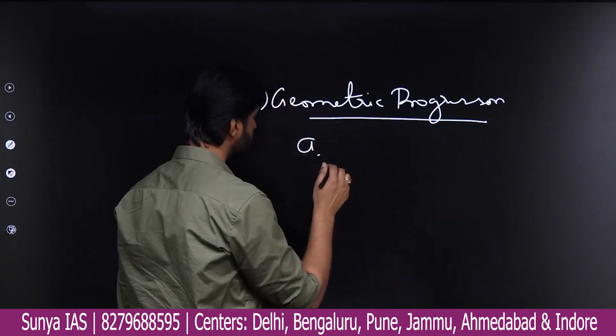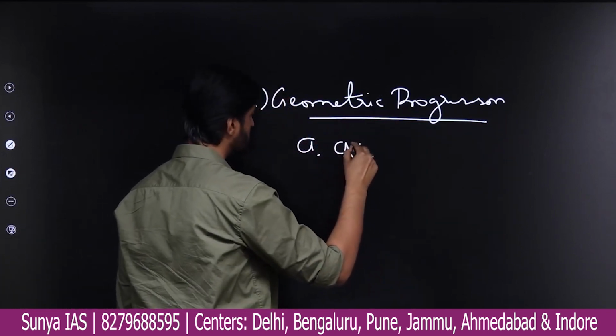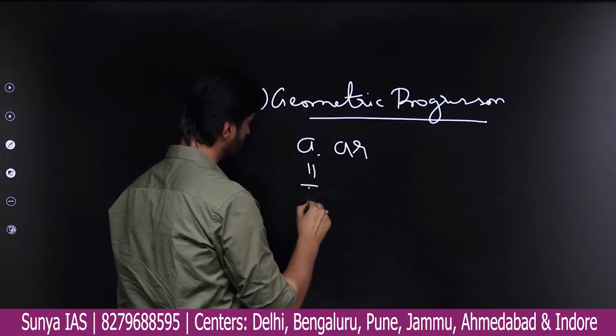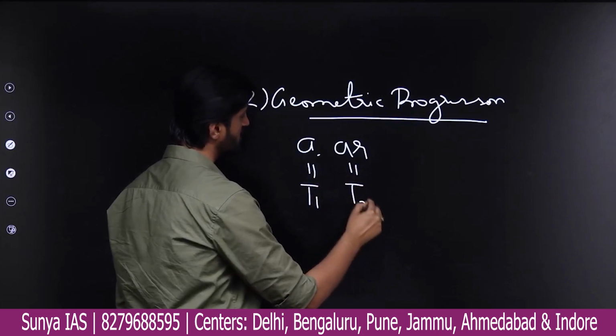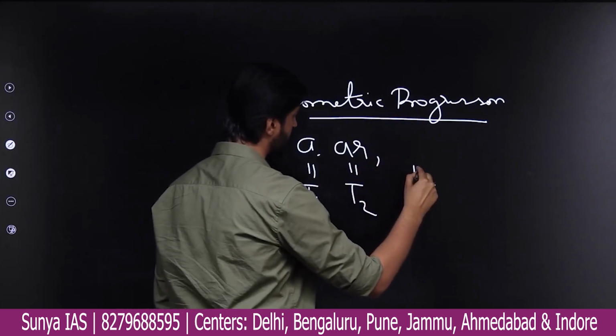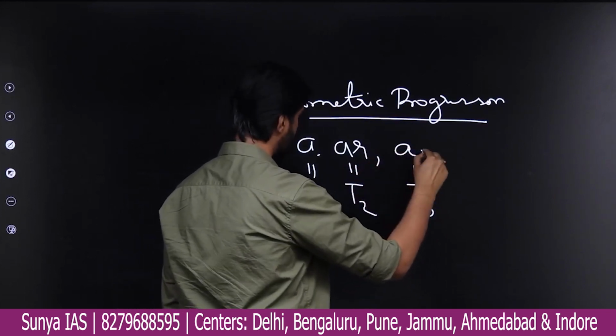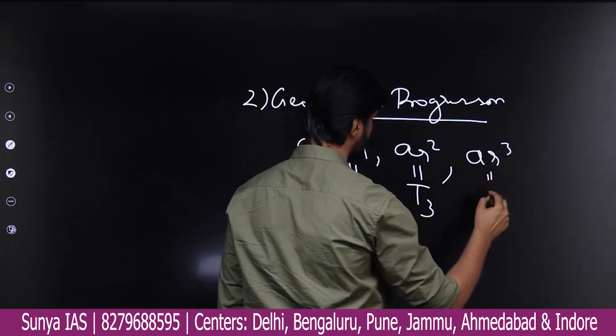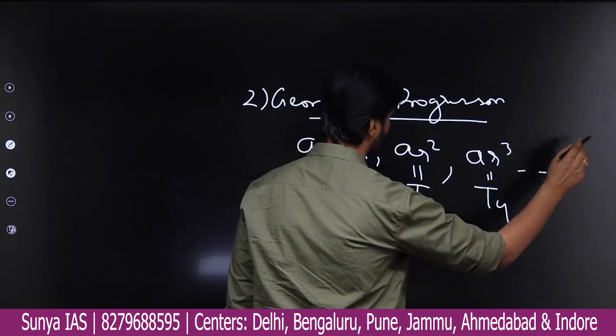Let us assume the constant number to be R, which is called the common ratio. So the first term is A, the second term is AR, then the third term is AR square, the fourth term AR cube, and so on.